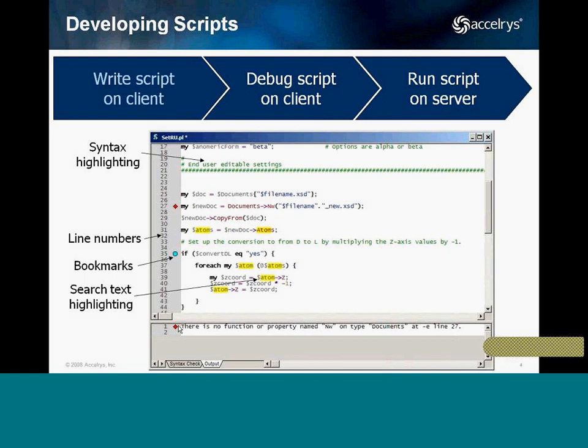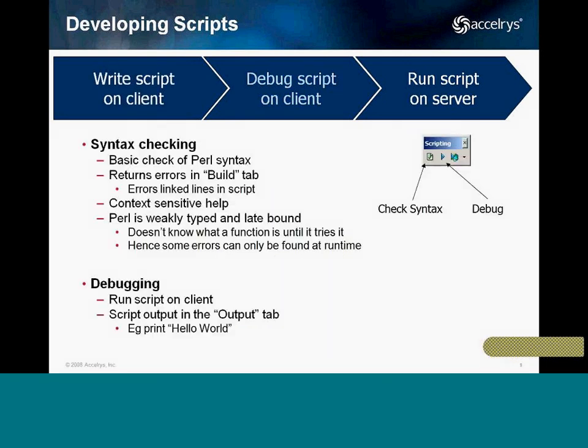Once I've developed a script, however, I want to be able to start to debug that script and to look at what I can do with it. So I'll nearly always make mistakes when I'm typing stuff into a script. So the first thing that I'll do is I'll do a syntax check. And a syntax check is a very simple check, and all it does is it goes through and checks whether the Perl syntax is okay.